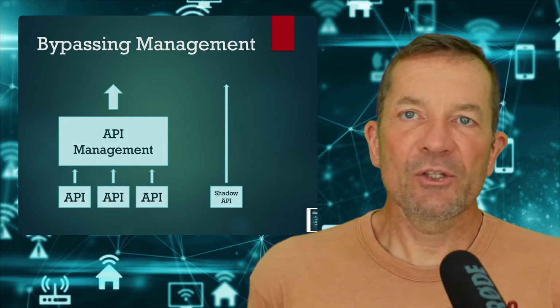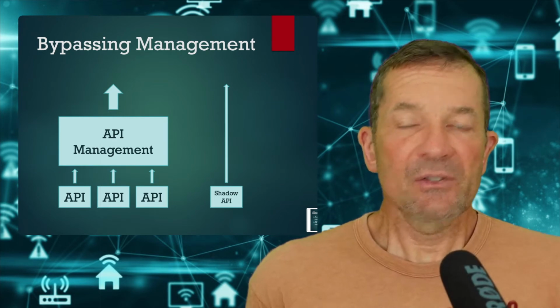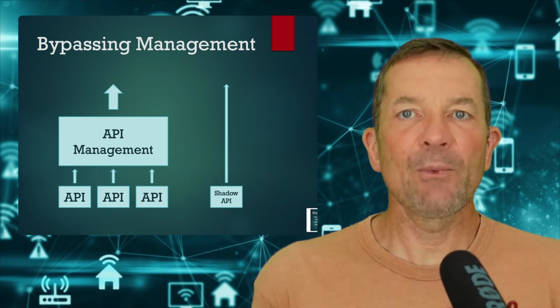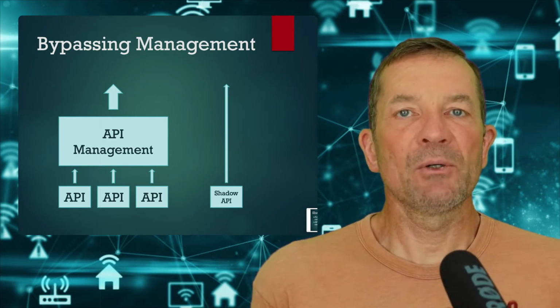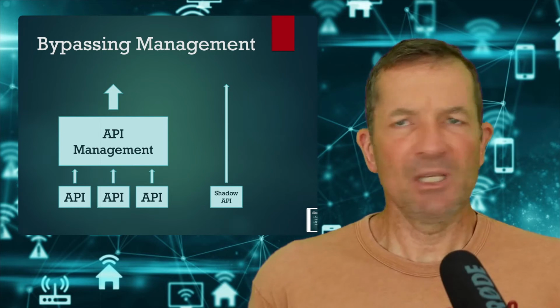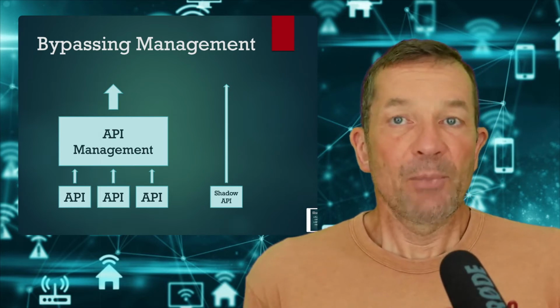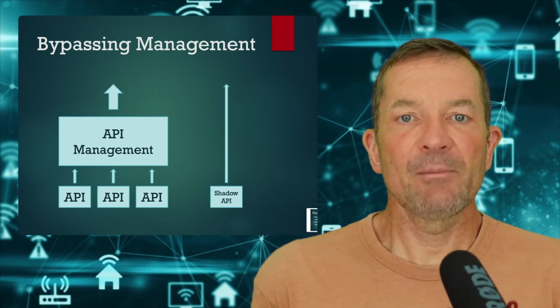If we look at what shadow APIs look like in our architecture, it looks in a very simplified way like this. We have the preferred way how we do API management. In many cases, this probably uses components such as API gateways, maybe even multiple gateways, depending on where APIs get published. But there are components which are responsible for managing the APIs.